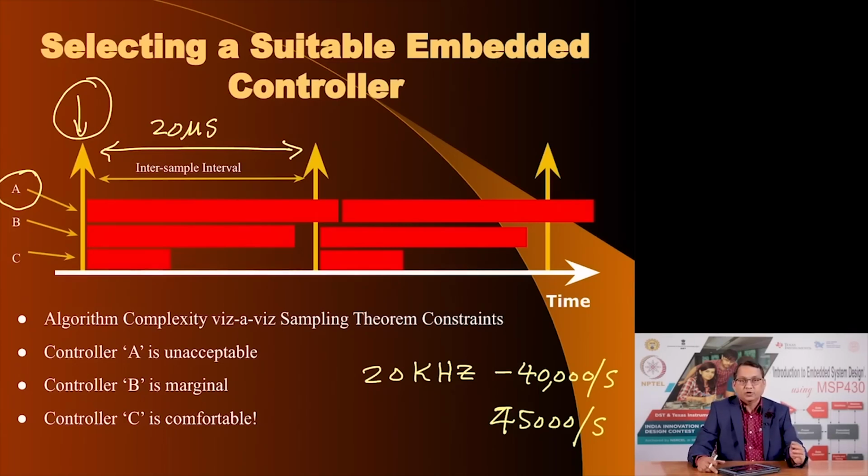Maybe we can increase the clock frequency so that the resultant time is B, such that it is less than the inter-sample interval, then it may be a marginally acceptable solution. If we can increase the internal clock frequency of operation of this microcontroller even more, such that it takes less than half the time, then it is a very comfortable situation.